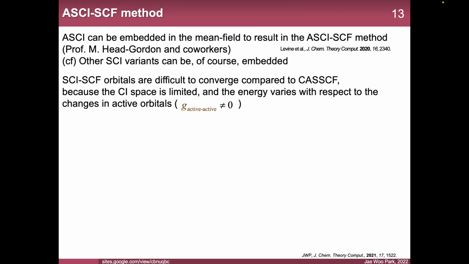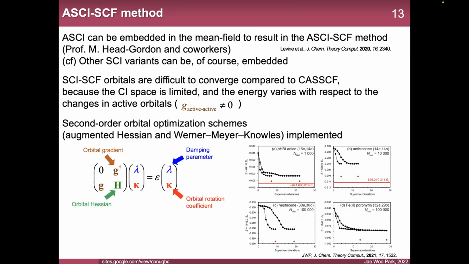But the SCI-SCF orbitals are somewhat difficult to converge compared to CASSCF, because the CI space is now truncated and the energy varies with respect to the changes in the active orbitals, which is mathematically the gradient with respect to the active-active rotation is not zero.